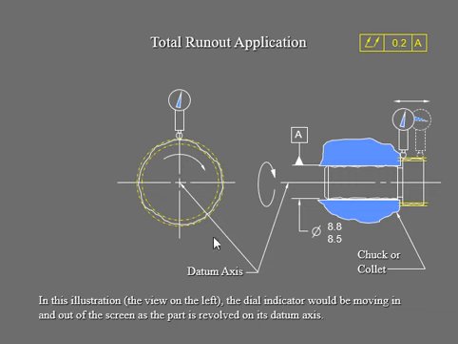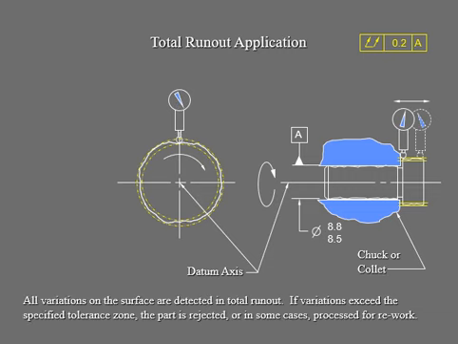So you can see the surface right there. It's going 360 degrees around, and that's your datum axis, which is this guy right there. It's just a different view. So your dial indicator is going to be moving in and out of that screen, but still it is okay because it is within the acceptable tolerance zone.